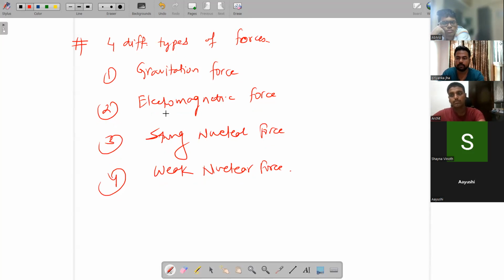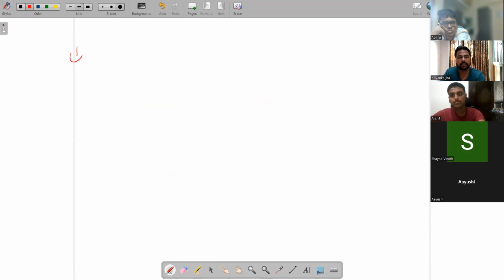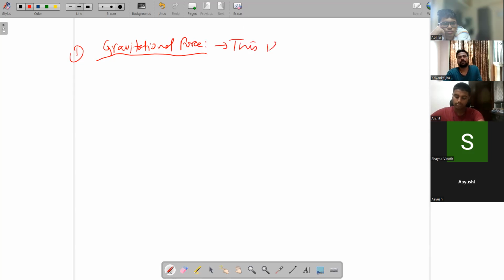Now, first we'll discuss the gravitational force. We have already studied a little bit about this in class 10 or class 9, right? So this is by virtue of mass.